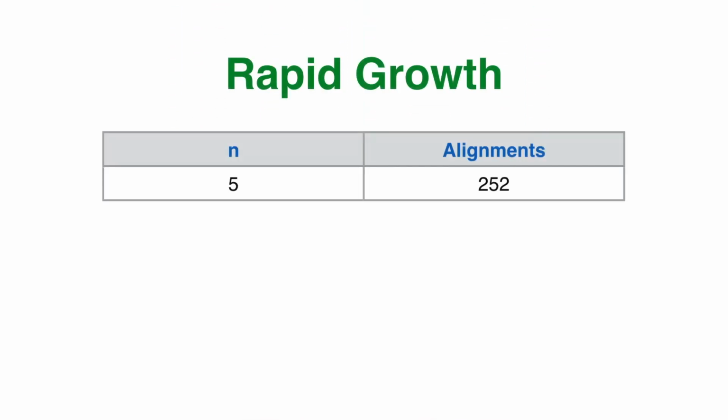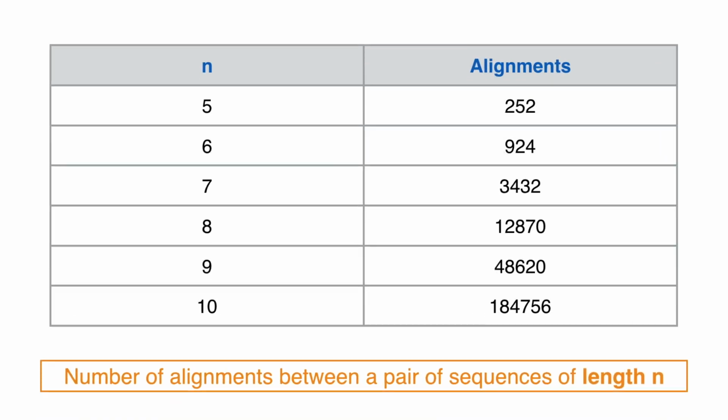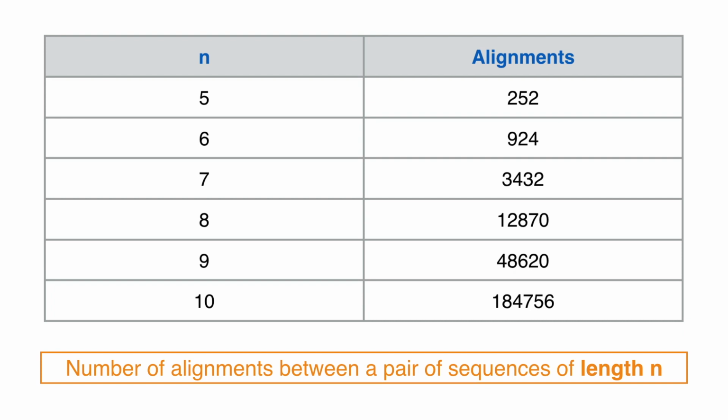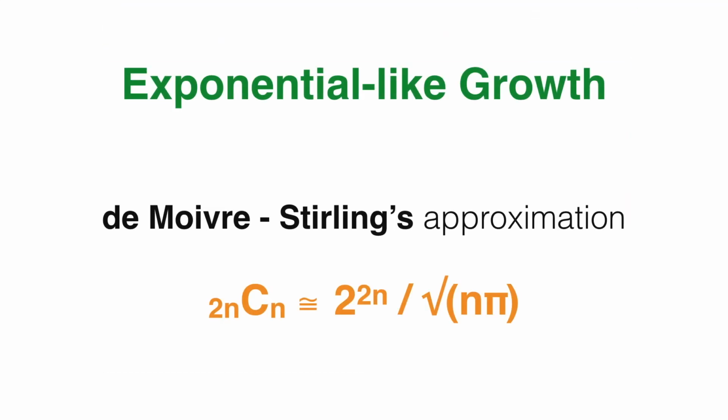Indeed, the number of alignments grows very rapidly with the length of sequences. Here we use the combination formula to compute the number of possible alignments of a pair of sequences of length n. Does this table show an exponential growth? As a matter of fact, the number of alignments grows exponentially.